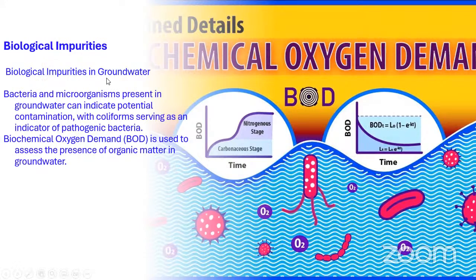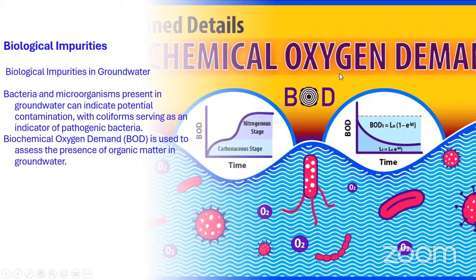Biological impurities in groundwater are bacteria and microorganisms present in the groundwater, which can indicate potential contamination. Coliforms serve as an indicator of pathogenic bacteria, and biochemical oxygen demand, BOD, is used to assess the presence of organic matter in the groundwater.